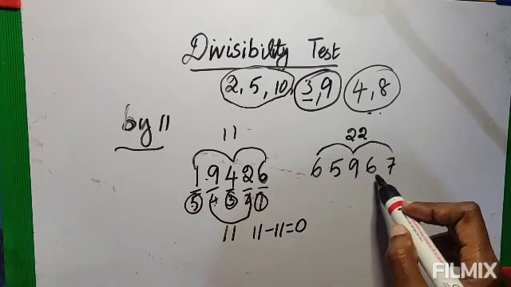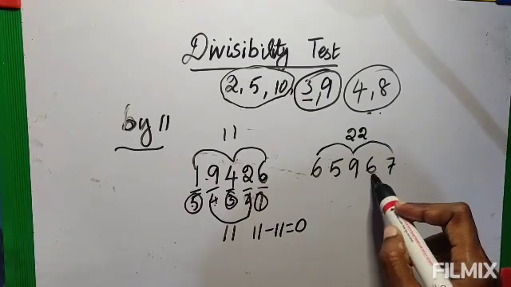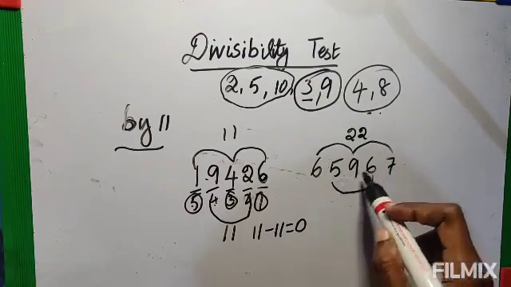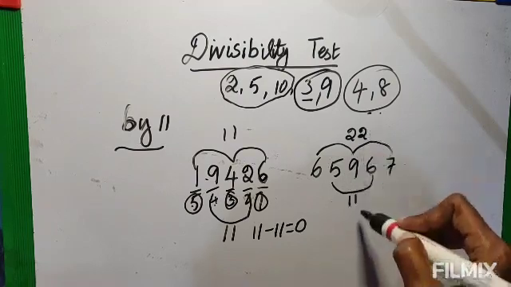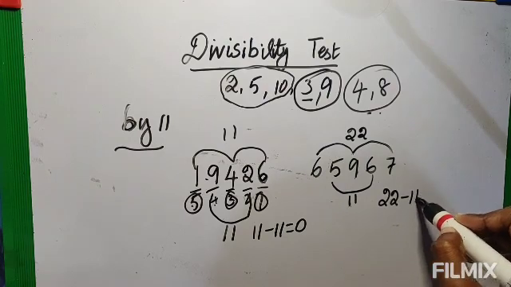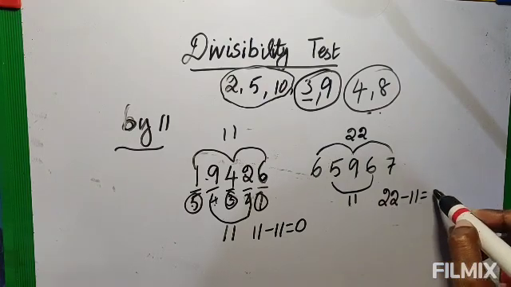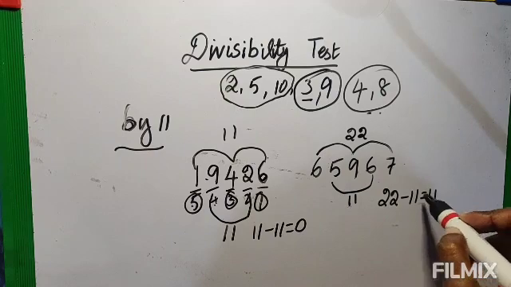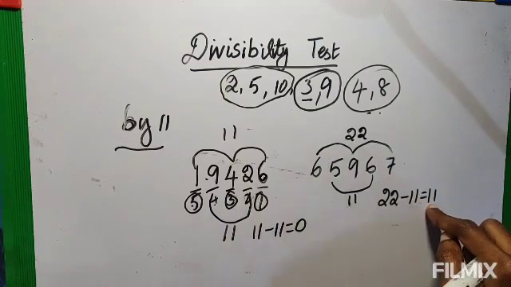Now whatever you left, you add now. So 5 and 6 you have left. 5 plus 6, 11. Now you subtract these two. 22 minus 11, you get 11. So when you subtract, you are getting 11.